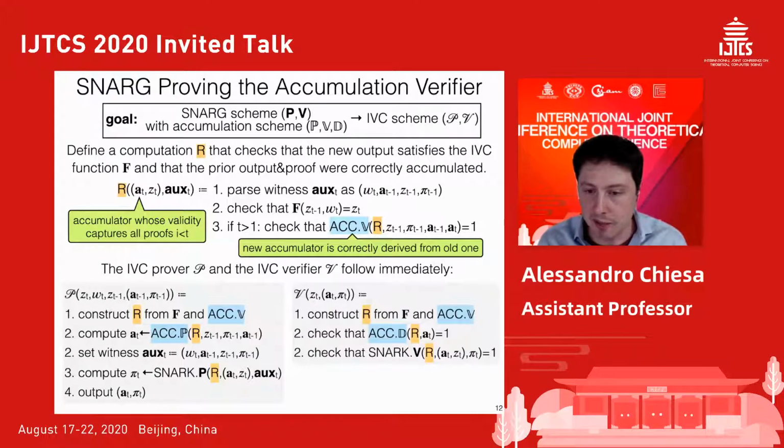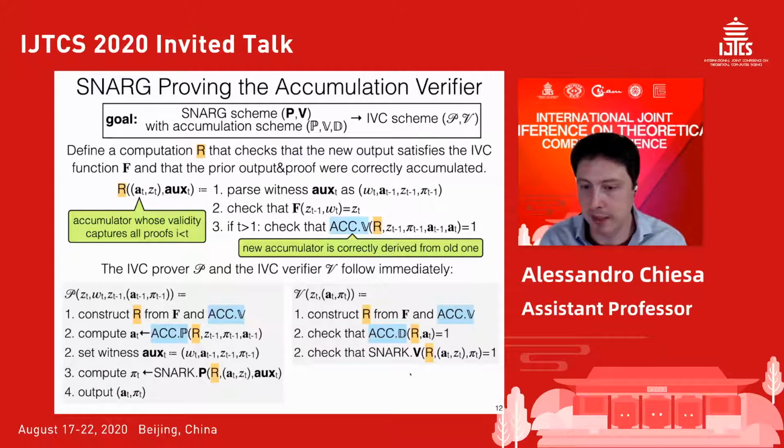The IVC verifier, again, will assemble the same recursive computation from the transition function and the accumulation verifier. And now it has to check two things. First, we need to make sure the accumulation decider accepts the latest accumulator that we have. Remember, if all the accumulations done in the past were correct, this is tantamount to simultaneously checking all the snark proofs.